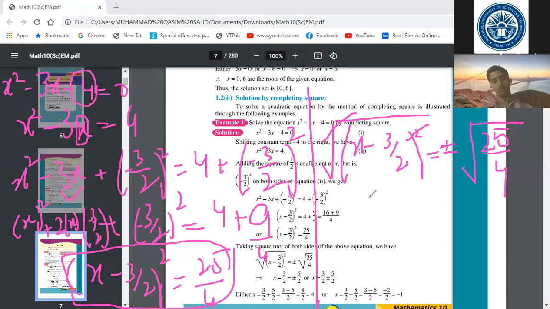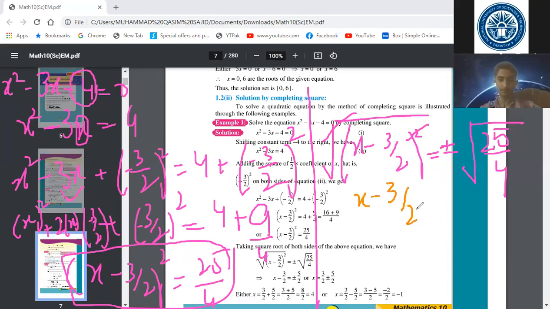So the value is nothing but x minus 3 upon 2 equals to plus minus, this is basically the multiple of 5, so it must be 5 upon 2.